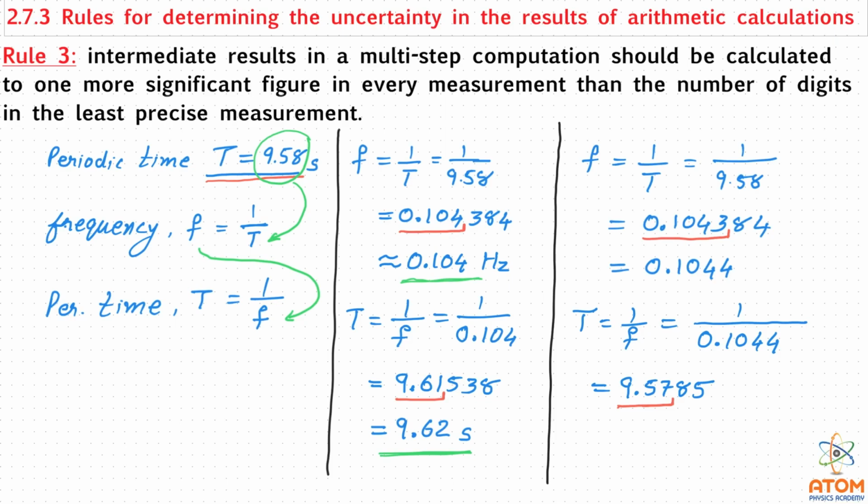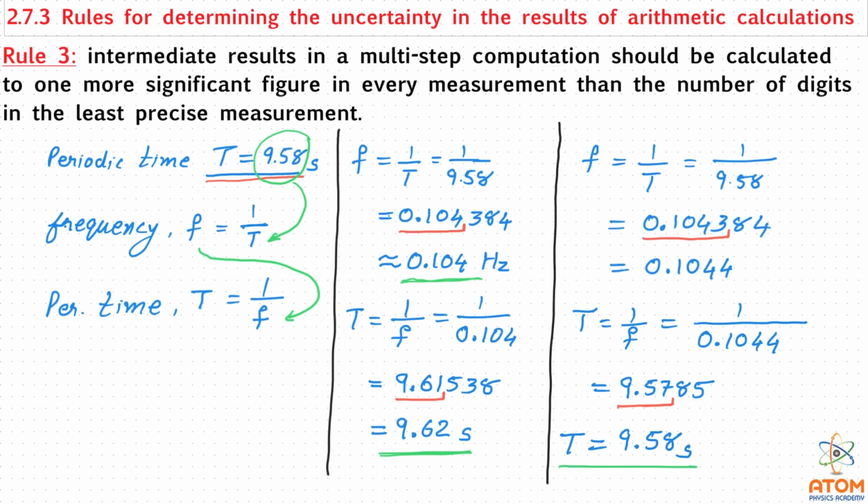Again note that this step was the intermediate step. In an intermediate step it is said that you can add one significant figure. So here we have added one significant figure, but not here, because this is going to be the final answer, and that's why the periodic time can now be written as 9.58 seconds, because when I remove this 8, this 7 will be increased by 1, and so the answer will be 9.58 seconds.